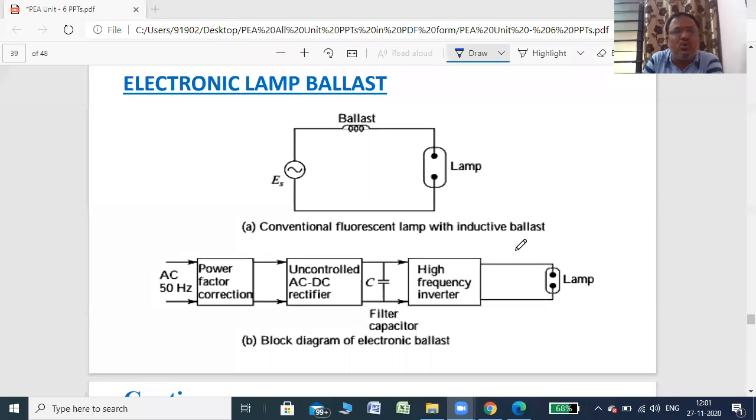So, electronic lamp ballast. Normally, an electrical lamp ballast is used for the old fluorescent lamp, right? That electrical ballast, basically the choke or coil, helps the fluorescent lamp to turn on.